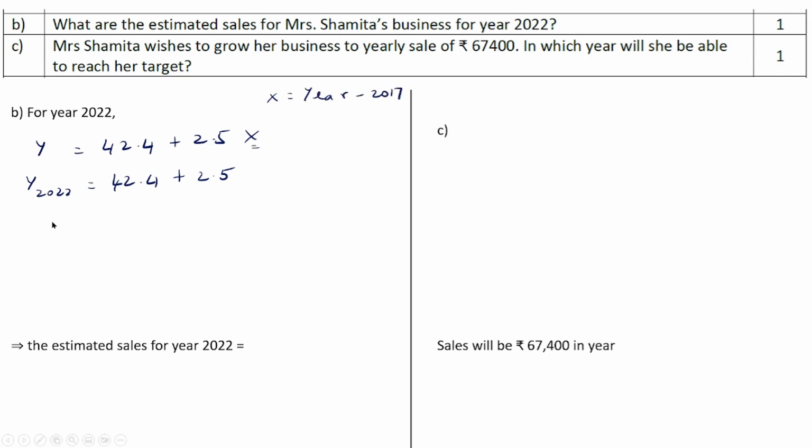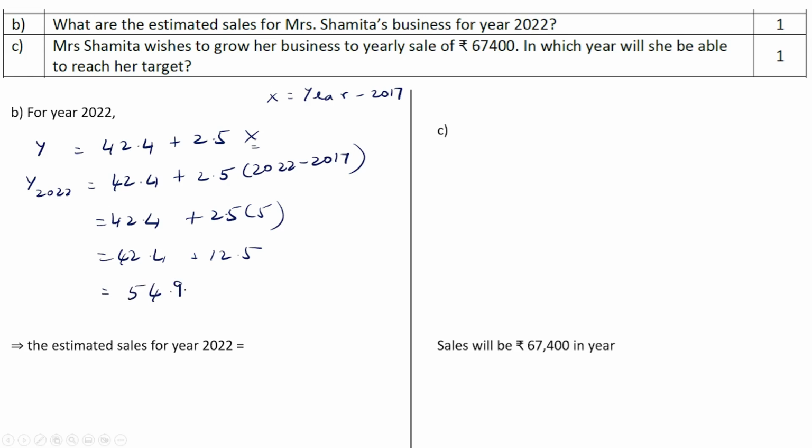So for 2022, it will be 2022 minus 2017. So this is 42.4 plus 2.5 into 5. Now this is plus 12.5. When we add, we will get 54.9. Therefore, the estimated sales for the year 2022 is 54.9 into 1000, because it is given in thousands of rupees. So this is rupees 54,900. So this is the estimated sales for 2022.